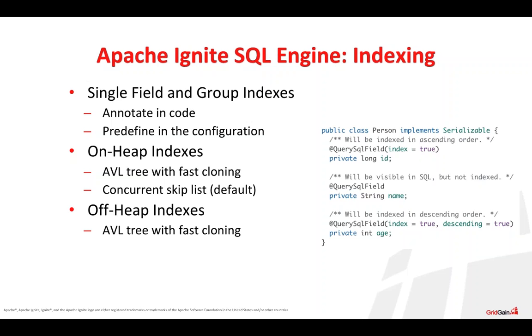There are a lot of discussions and arguments around what kind of data structure suits best for indexing purposes. For some scenarios, you may want to use an AVL tree, while for others, a concurrent skip list may be much more applicable than the tree.